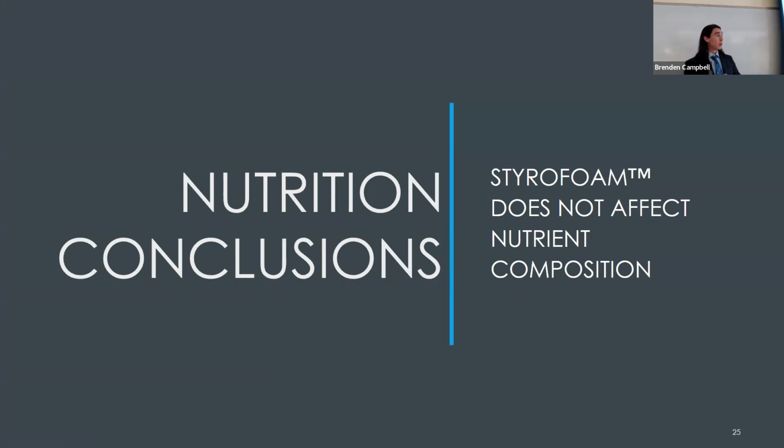So what does this all mean when we put these things together? There was no effect of treatment on percent crude protein, percent crude fat, or percent dry matter, meaning the differences in the abundance, blend, and sufficient treatments had no statistically significant effect, meaning there was no difference between the control or the styrofoam fed treatments, which leads to the conclusion that styrofoam does not affect nutrient composition when applied for treatments.